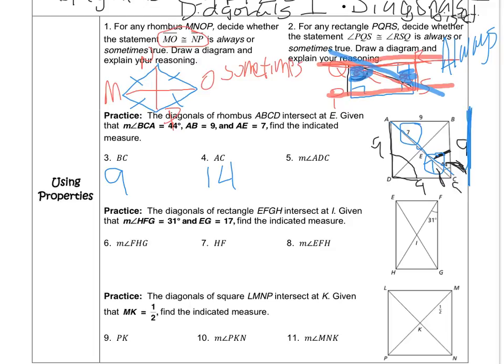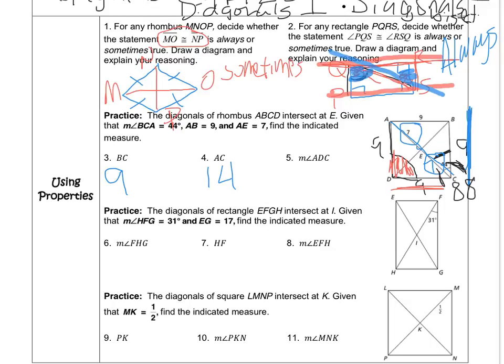So this whole angle here is 88 degrees. Well, they want us to find this whole angle here that I'm shading in red. Aren't these two angles consecutive since it's a parallelogram? So if they're consecutive, they're supplementary. They've got to add up to 180.